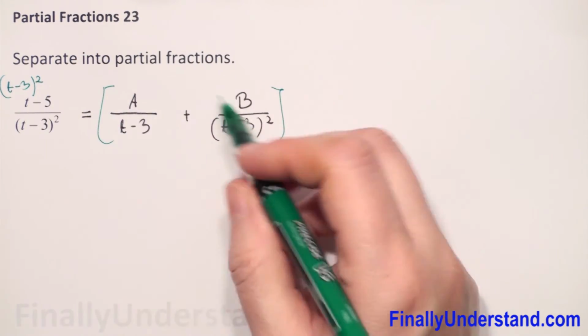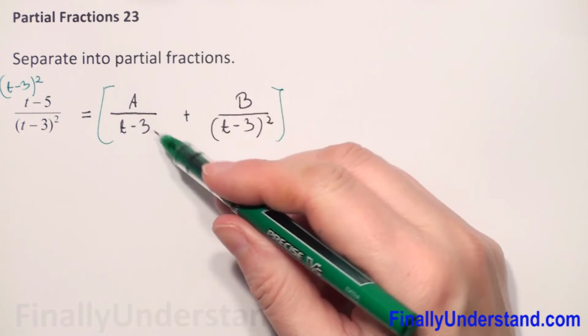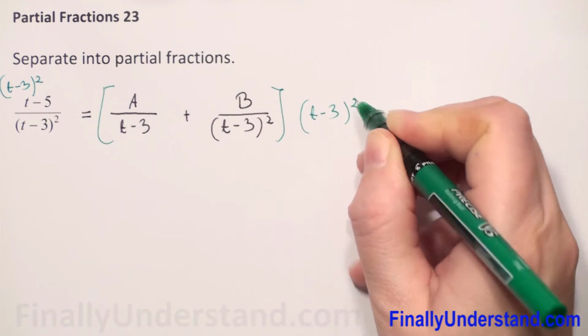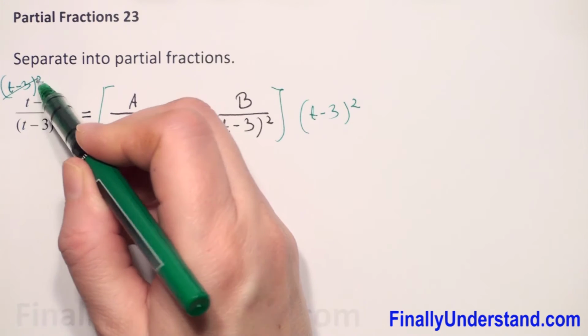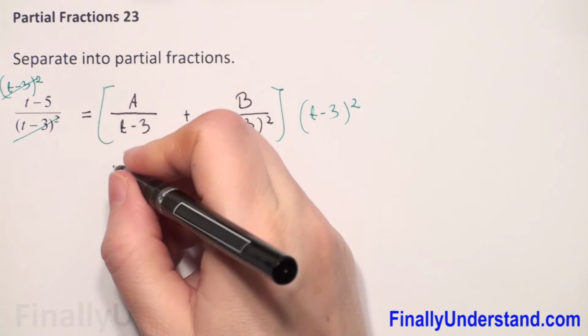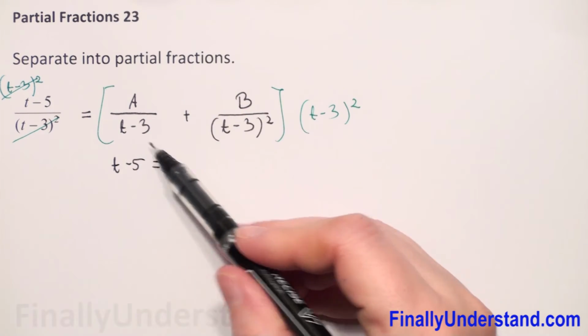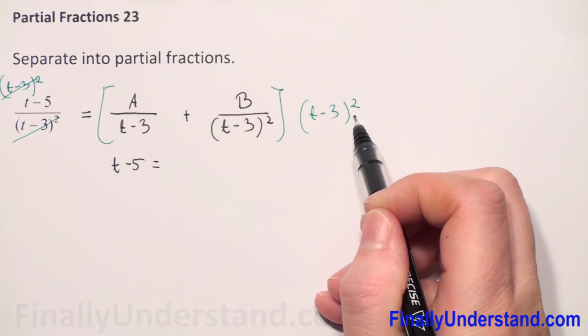It means we multiply every expression in the brackets by t minus 3 squared. So what will be now? T minus 3 squared will reduce, and on the left side we will have only t minus 5, and now every fraction in the brackets we need to multiply by t minus 3 squared.